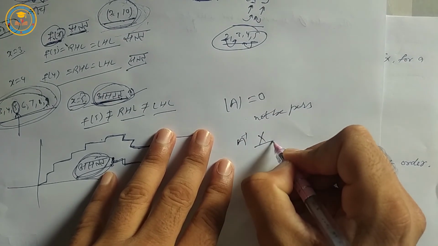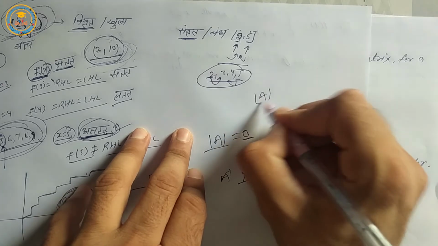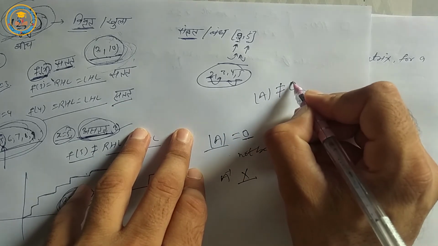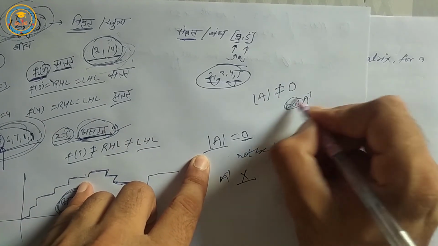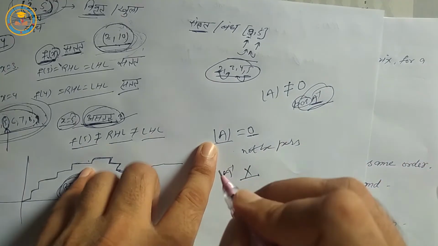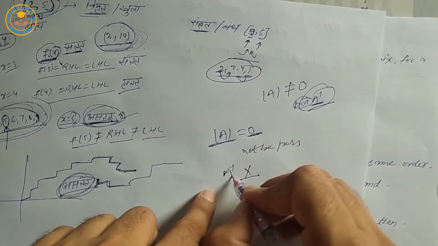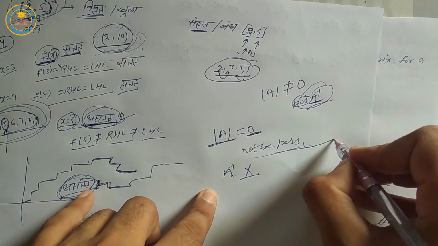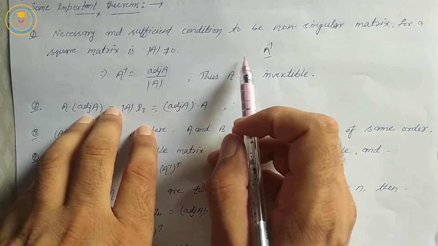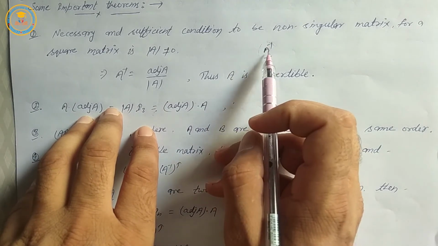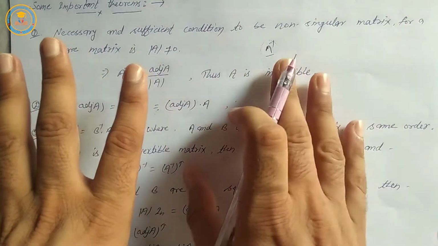So when determinant A is not equal to 0, A inverse is equal to adjoint A upon determinant A. Thus A is an invertible matrix.